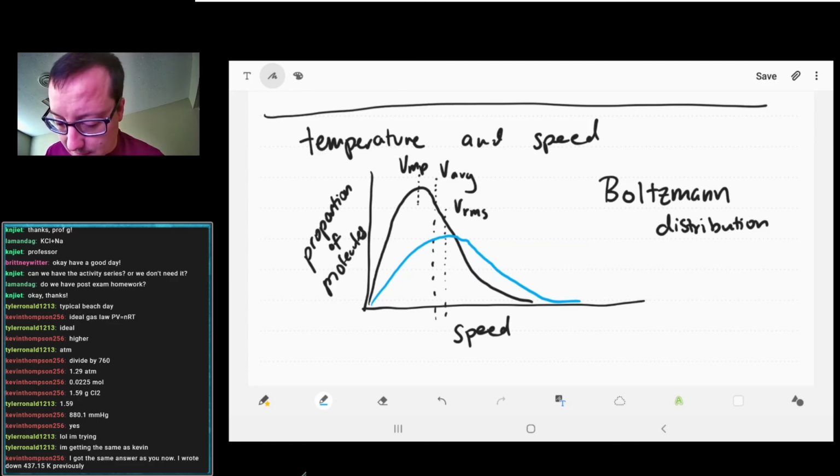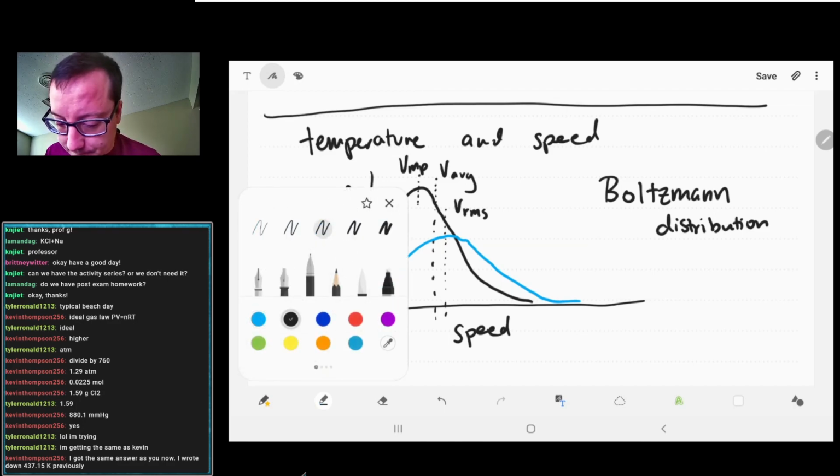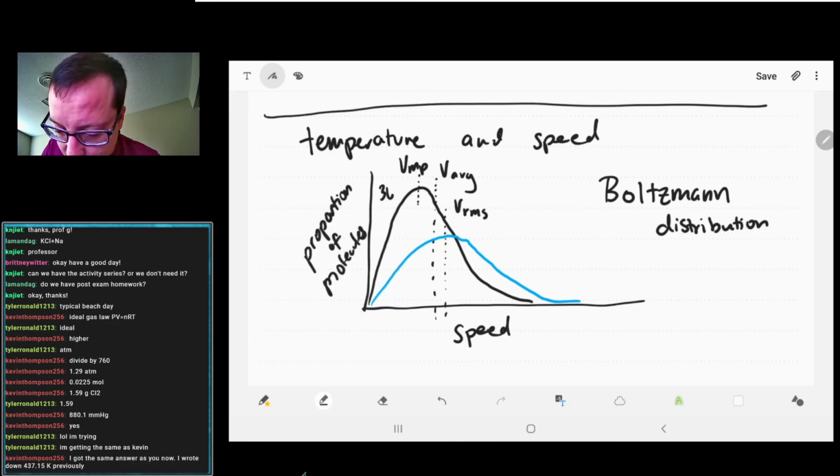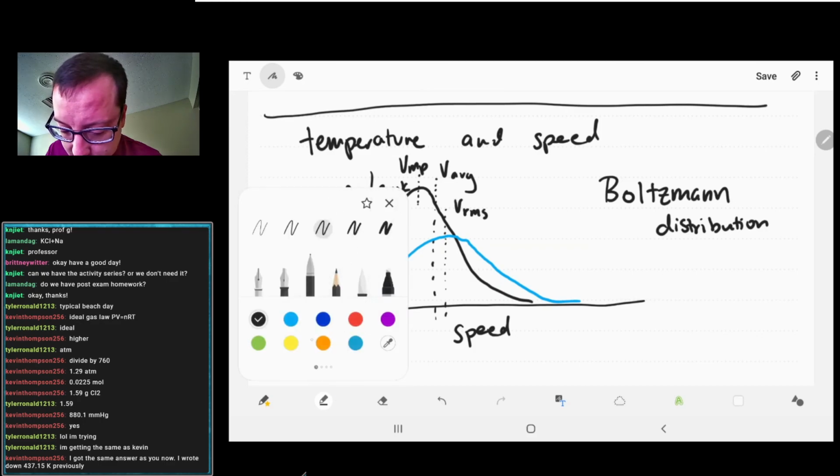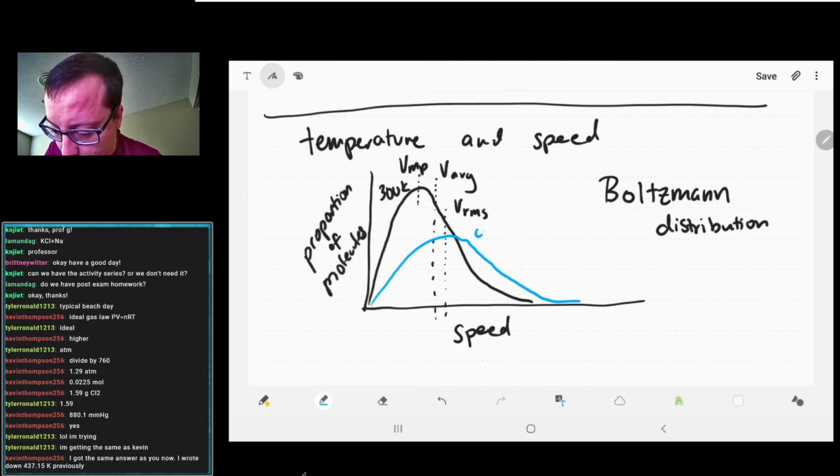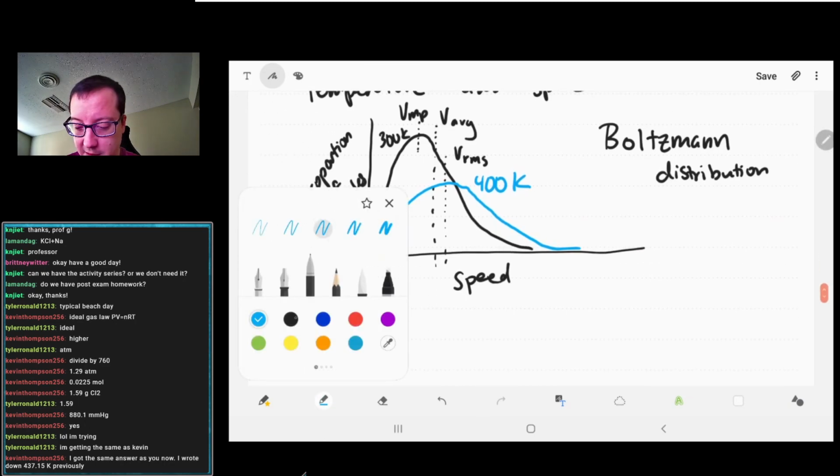So let's say that this was 300 Kelvin, and now we're at 400 Kelvin or something. We're going to shift our entire graph a little bit. And we're going to see that we have three speeds that we're interested in. We have the most probable speed. Let me write all these out, by the way. I guess I should do that.